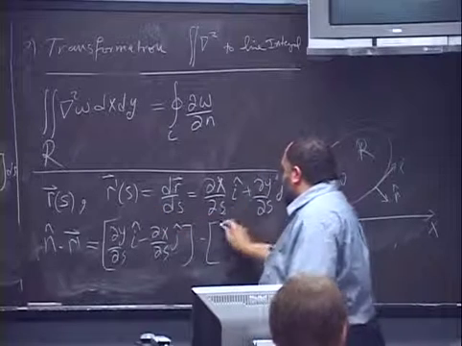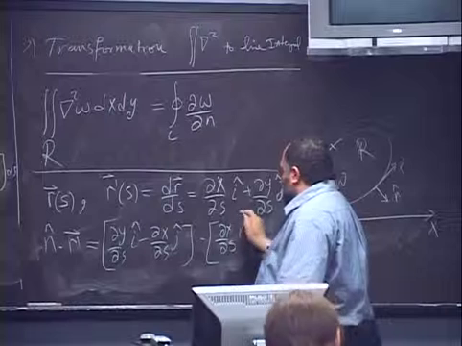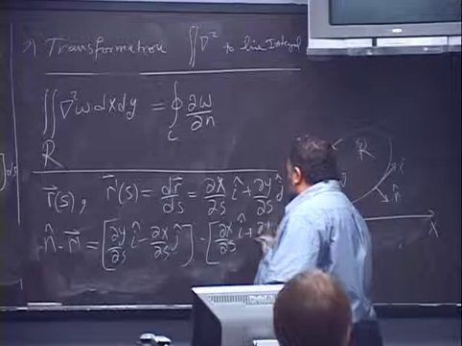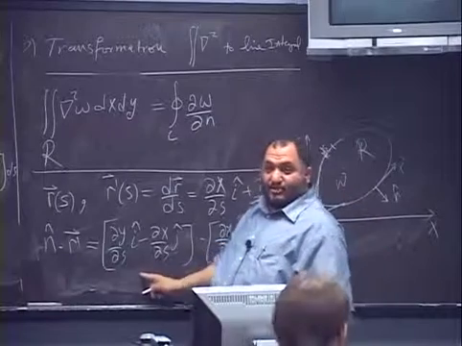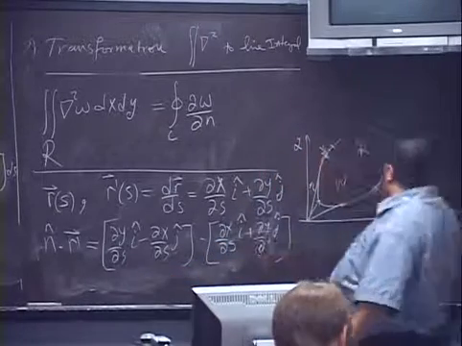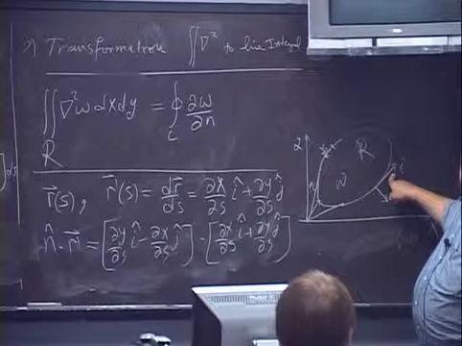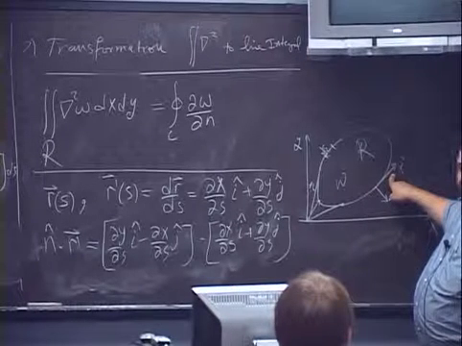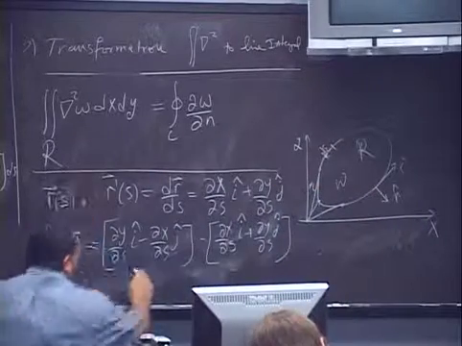So what's r prime? dx by ds in the i, plus dy by ds in the j. If this is indeed a unit normal, if I dot it with the vector r prime, it should give me what? If they are normal, they should give me 0.